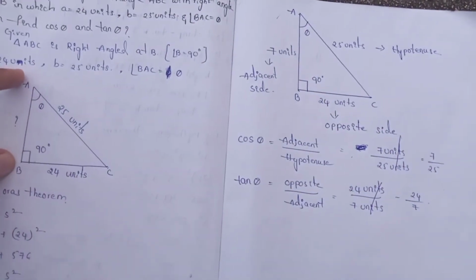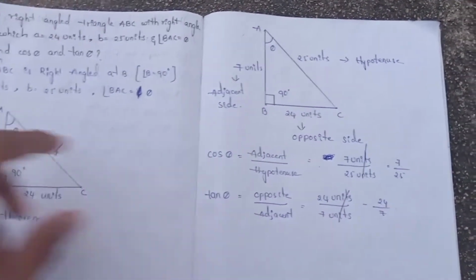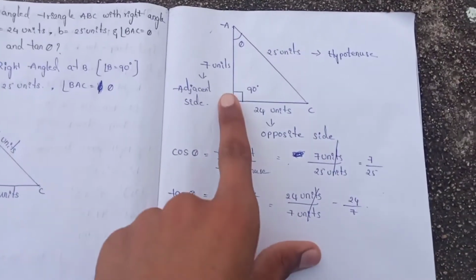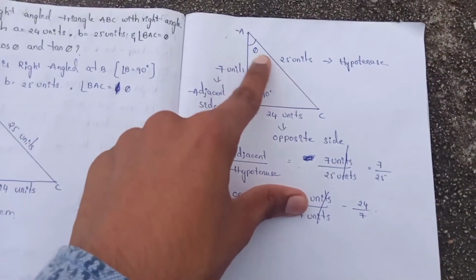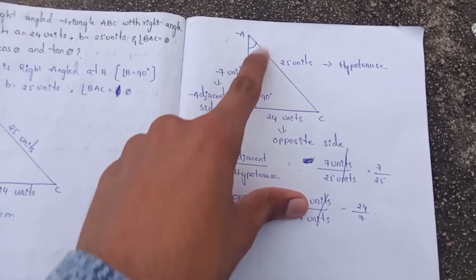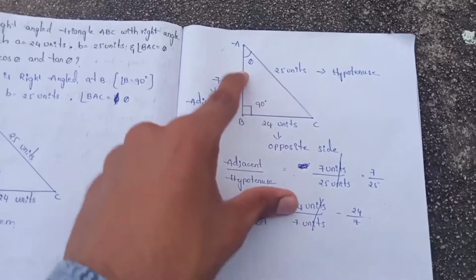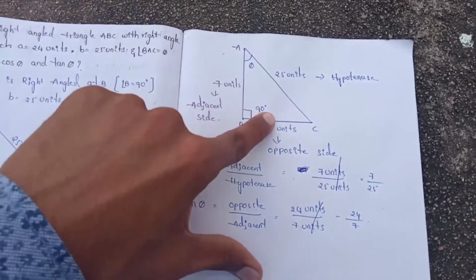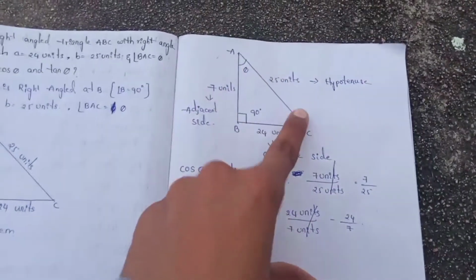After doing the Pythagoras theorem we get AB as 7 units. A angle has theta. By pointing out this theta, we have to find the opposite side and adjacent side. For this angle A, this is opposite, this is adjacent, and this is hypotenuse. This is the largest side.